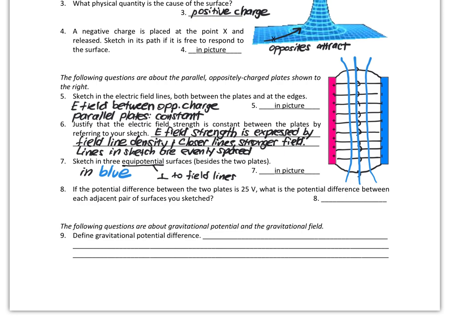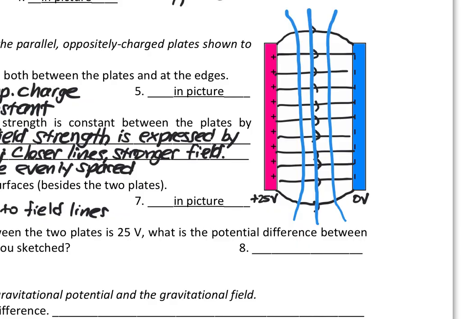So for number 8, it says the potential difference between 2 plates is 25 volts, what is the potential difference between each adjacent pair of surfaces that you sketched in terms of the equipotential. So assuming there's a potential difference of 25 volts, maybe one plate's at positive 25, and then the other plate is at 0, or maybe it's grounded, and so there'd be a potential difference between 2 plates of 25 volts. As you go from the 25 volt plate to the 0 volt, you have a steadily changing gradient of voltage going from 25 to 0.